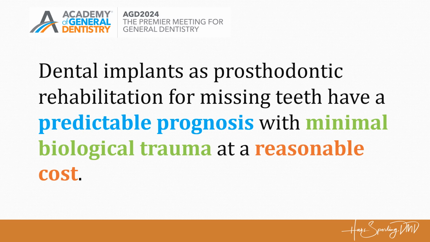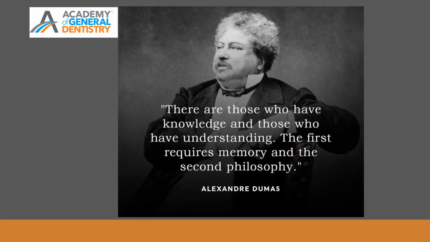But as a general rule, dental implants as a prosthodontic rehabilitation for missing teeth have a predictable prognosis with minimal biological trauma at a reasonable cost. More than knowing exactly the step-by-step, I would like people to come away with this knowing the philosophy and understanding the way of thinking. If you understand the process, then it's easier to follow the protocols and the procedures.